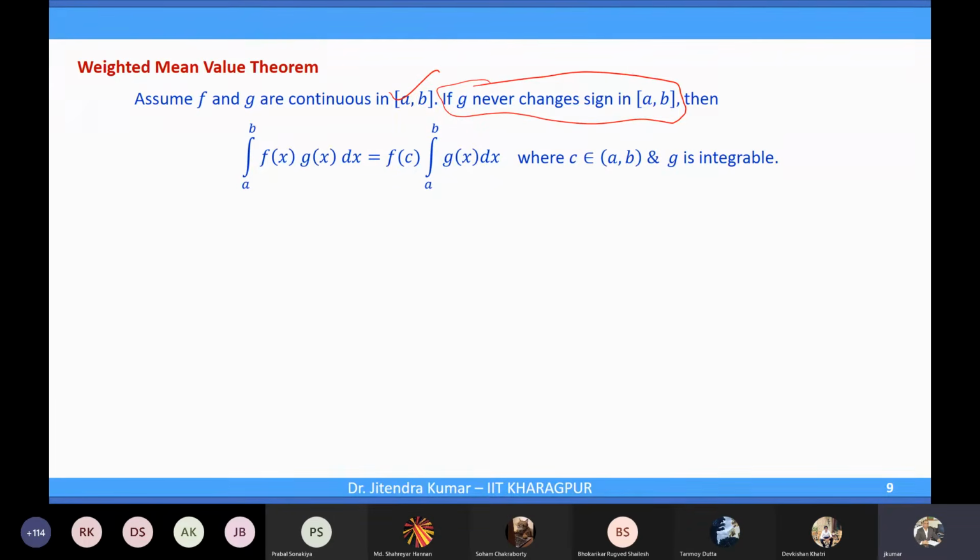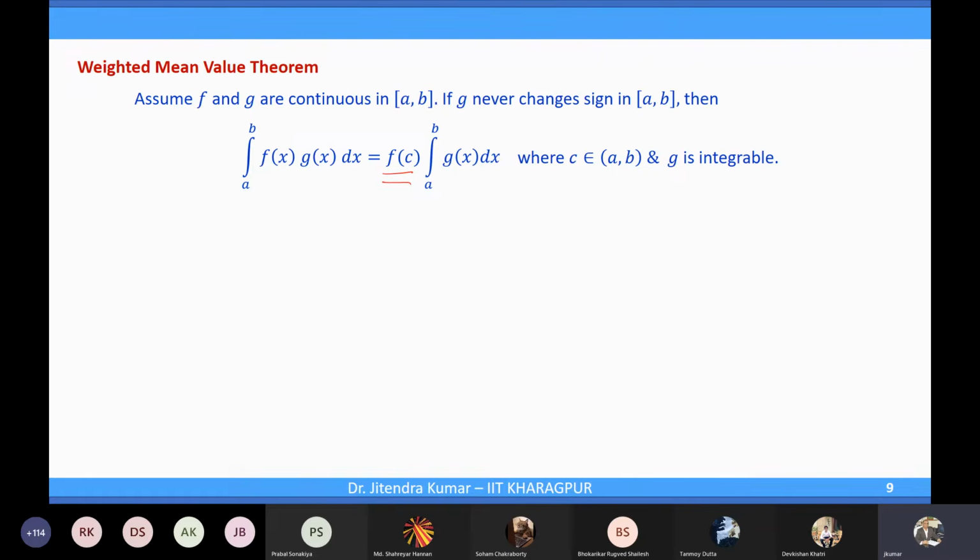Then the result, and I will not go through the formal proof, is that the integral from a to b of f(x) g(x) dx, the product of two continuous functions where one does not change sign in this whole interval, can be written as, there is no approximation here, it's an analytical result, equal to f at some point c.